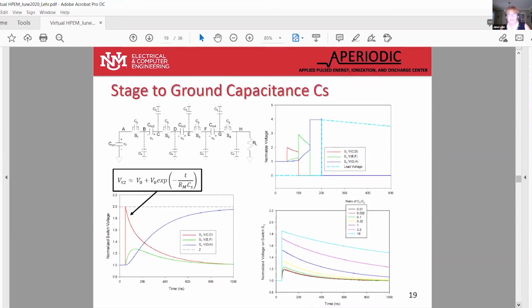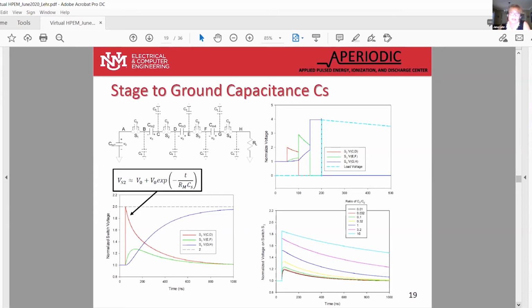There's also the stage-to-ground capacitance. This turns out to be a vital component, at least for this class of Marx, because it forces most of the overvoltage onto the second stage, which means you're now going to erect in the sequential form that you want for maximum energy transfer.